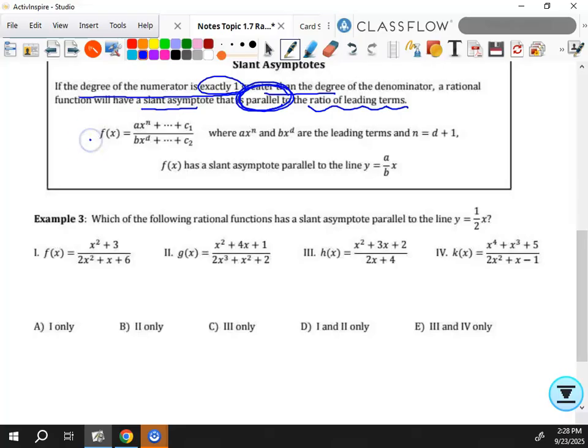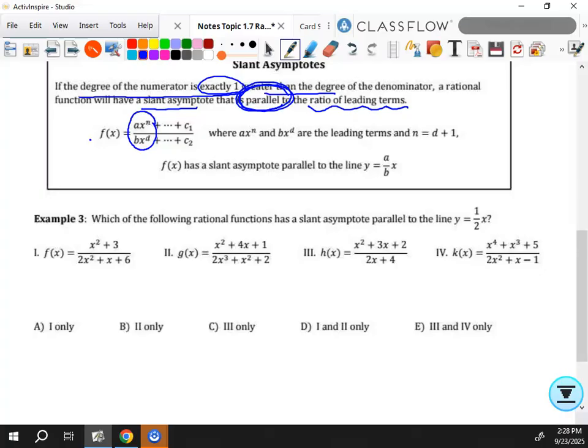If I take these polynomials and divide, I get a over b times x to the n minus d, which is what was on the front. And this will just end up being x every time, okay? So we don't have to overthink it.